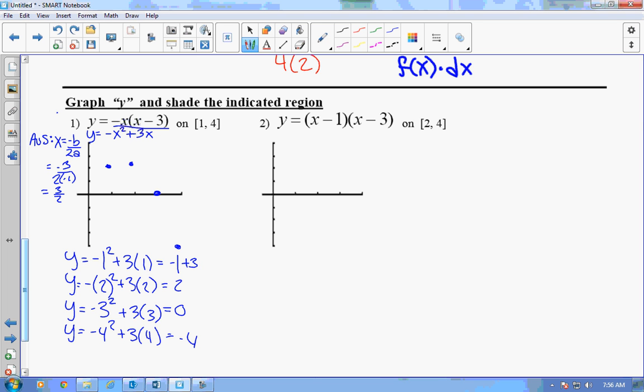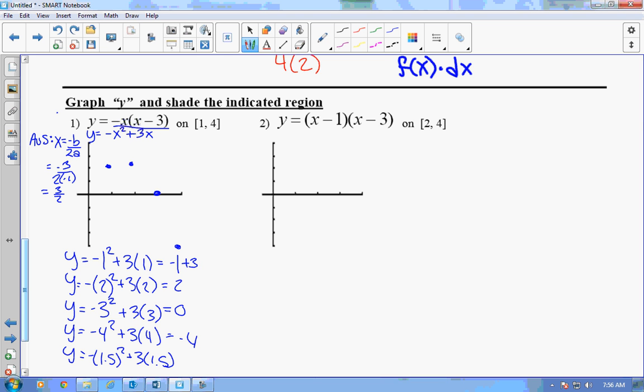1.5. If we plug in 1.5, what would we get? 1.5 squared plus 3 times 1.5. Negative 9/4 plus 9 over 2, 18 over 2, negative 9 over 2. Is it 4.5?